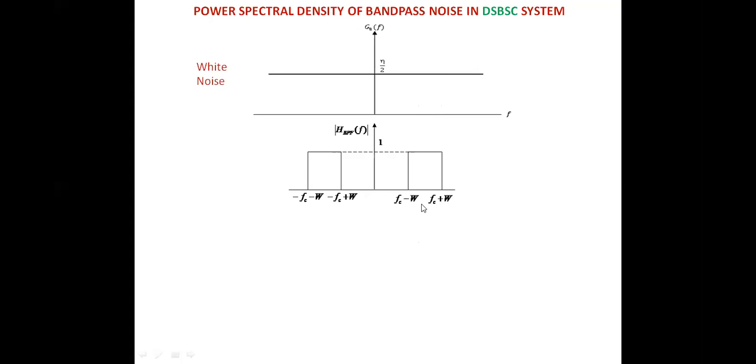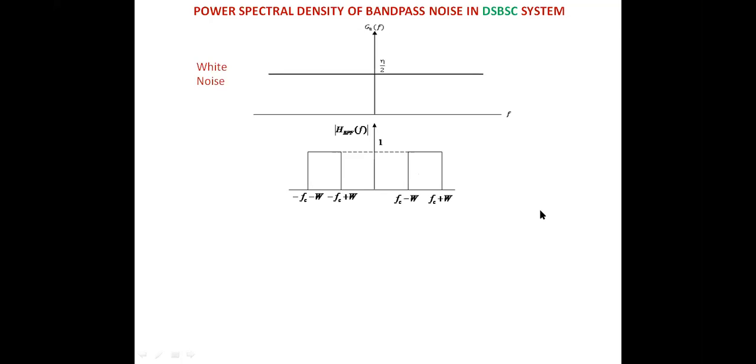After it, the noise is bandpass. The passband is the same as the passband of the signal, because the bandpass filter is tuned to a center frequency equal to the carrier frequency of the signal, and the passband bandwidth is equal to the bandwidth of the signal. That's why, after the bandpass filter, both the signal and the noise have the same passband.